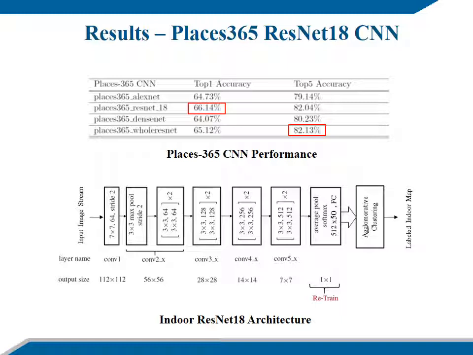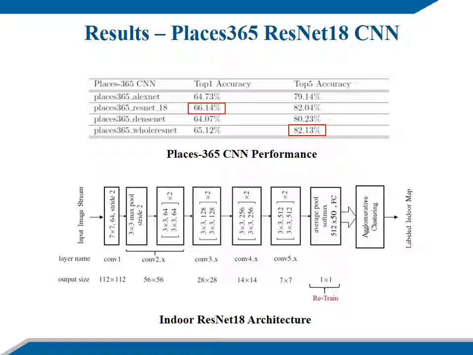As you can see, out of the different CNNs tested, ResNet 18 gave the optimum performance in terms of validation accuracy and hence was selected for implementing the CNN for the two-tier classifier.